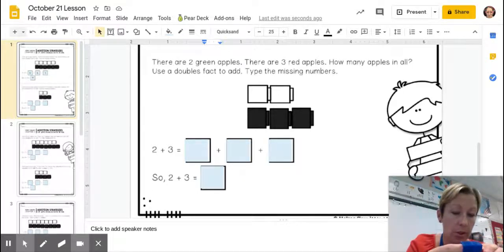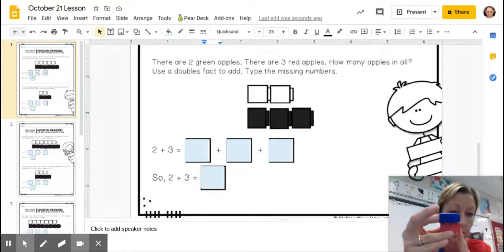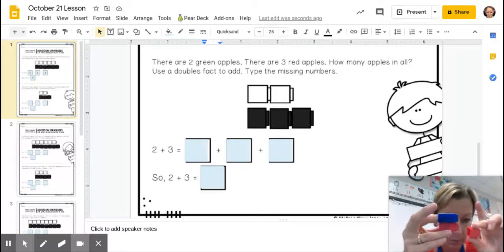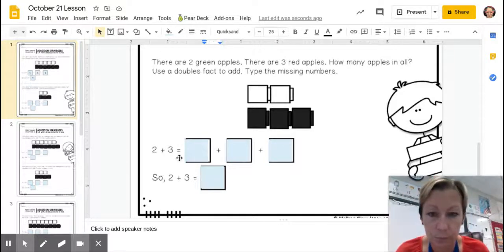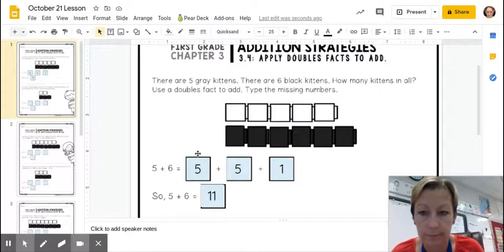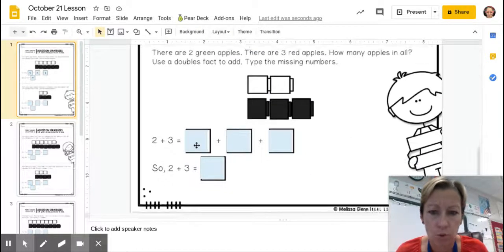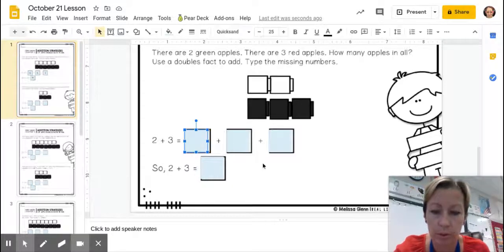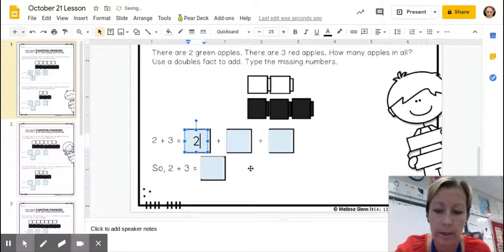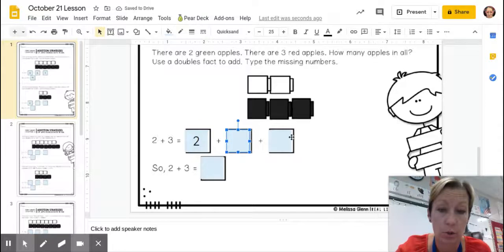Because look, 2 plus 2 plus 1 more. 2 plus 2 is 4. 1 more makes 5.